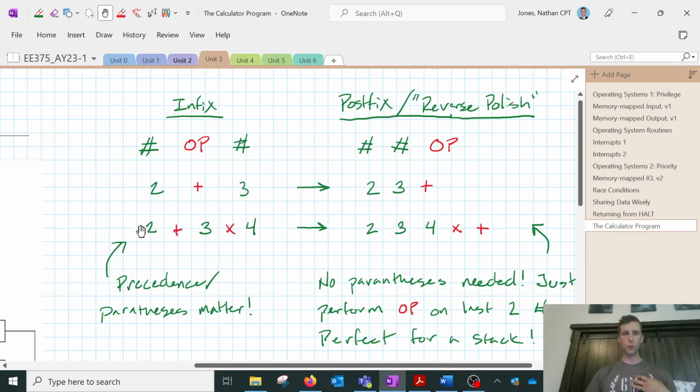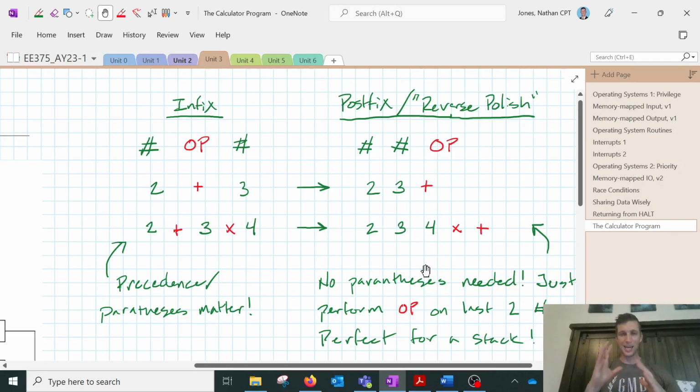Reverse Polish notation for this expression looks like what you see here, meaning I am going to start with my 2. The next value I want to be the result of this multiplication. So you can imagine this little box around the 3, 4, times, which is telling the postfix evaluator to do the 3 times 4 first, and then to add the result of that to the variable 2.